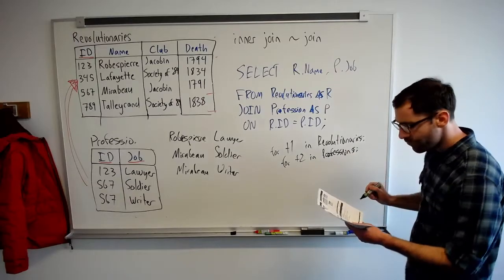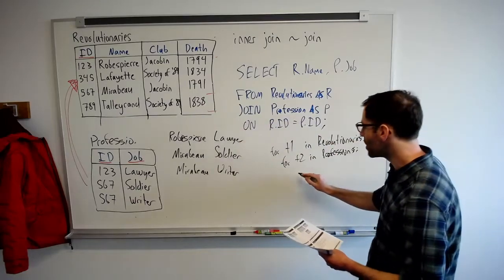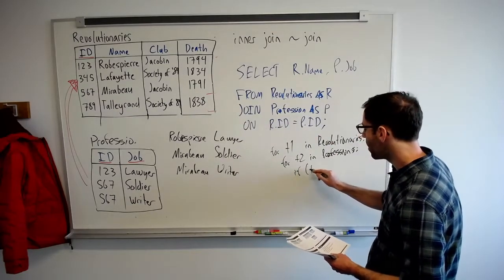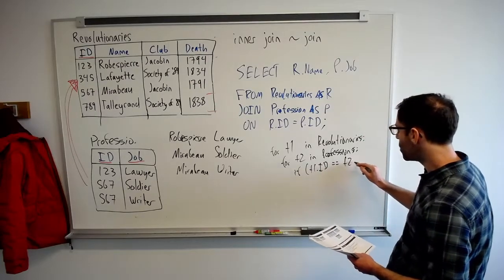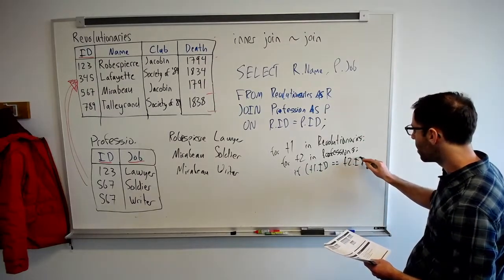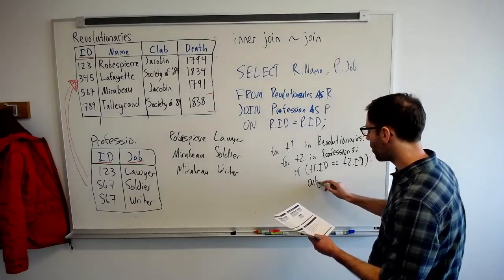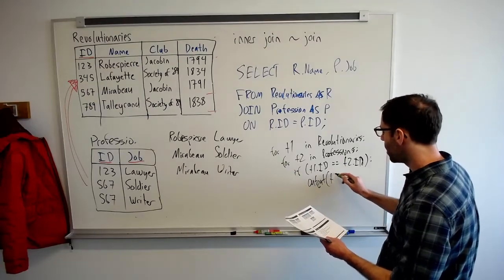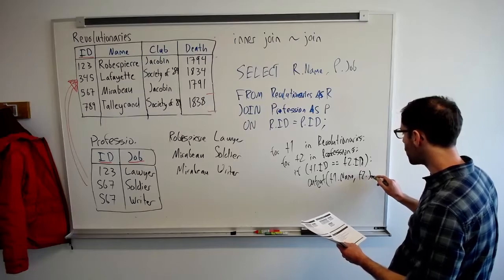Then we would use our join criteria. If T1.id is T2.id, then that's where we would output T1.name and T2.job.